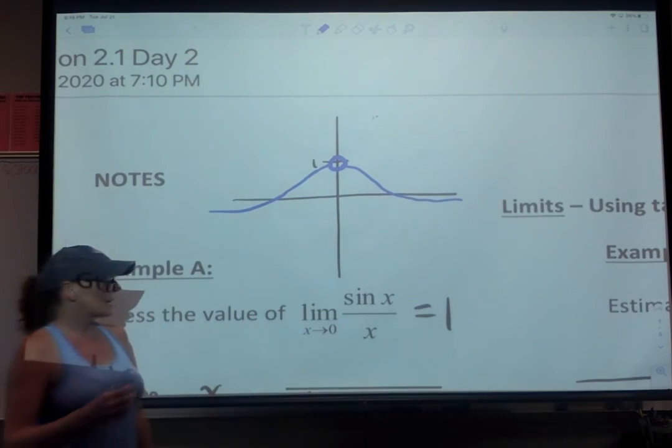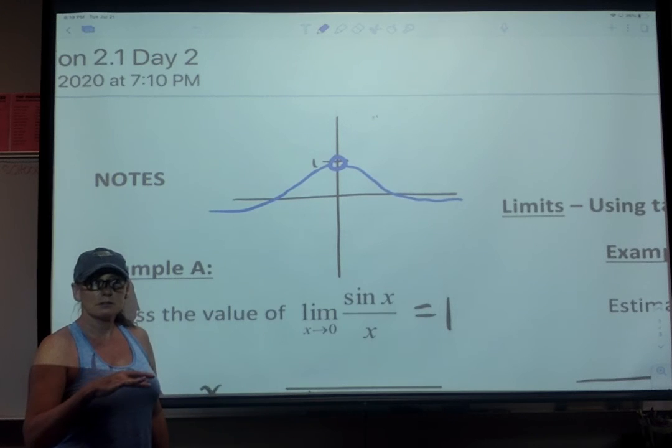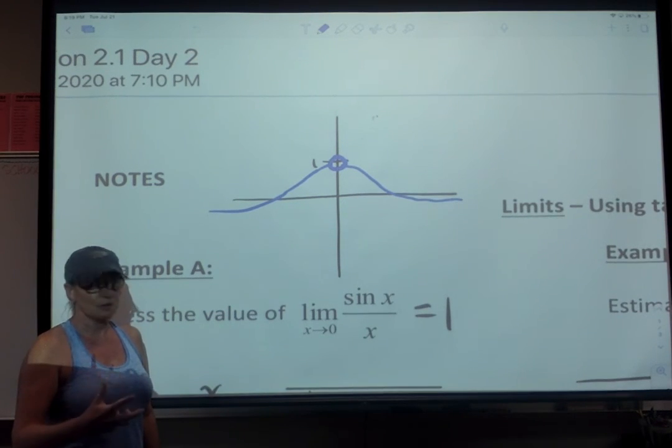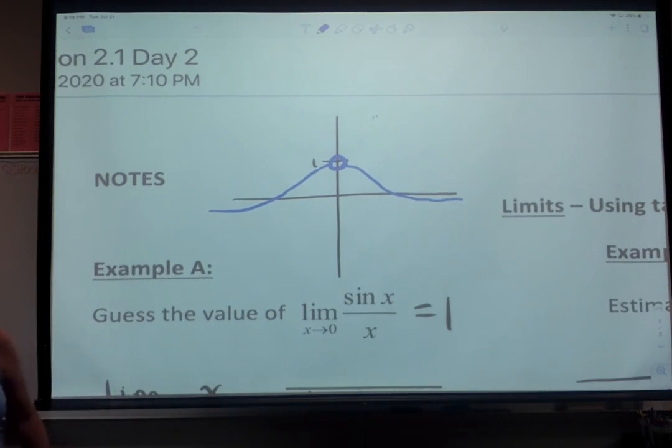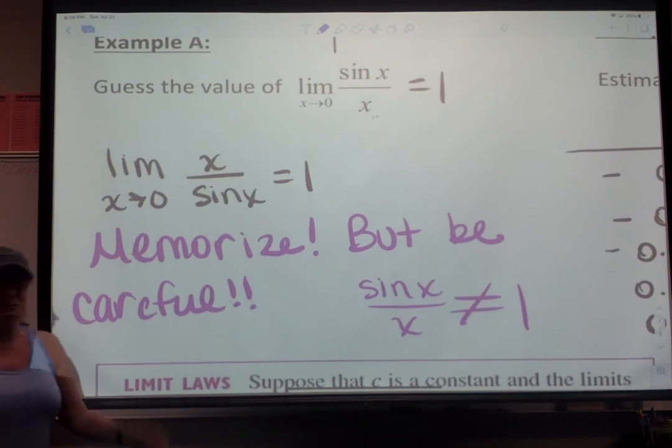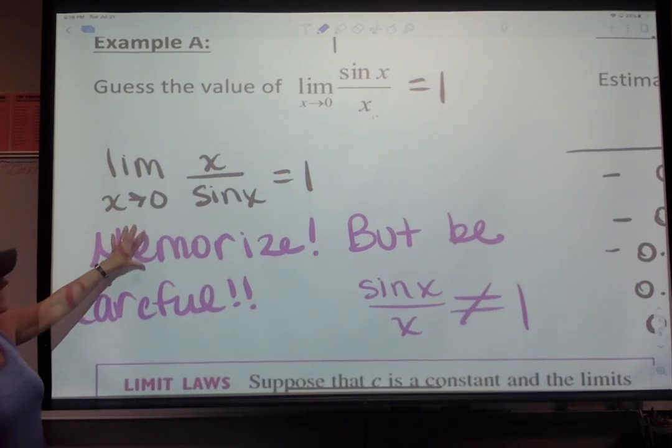This is going to be a common limit, and you need to have that memorized for your AP exam, also for the homework that you're going to do, and possibly for the quiz and test. I really don't remember if that's on there, but memorize it.